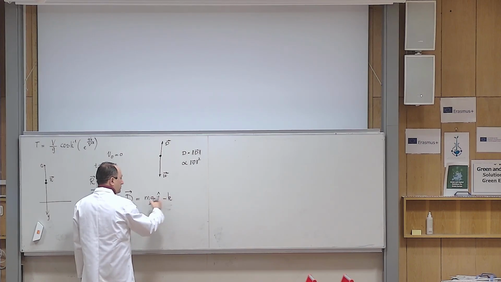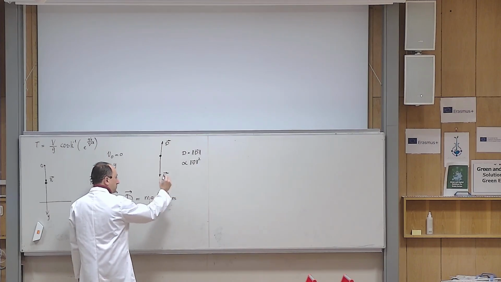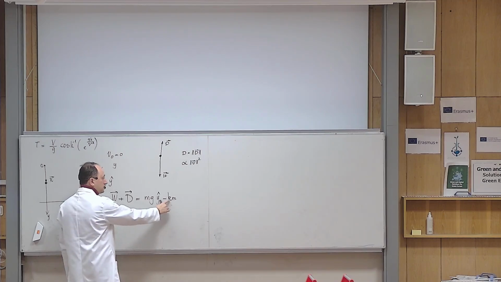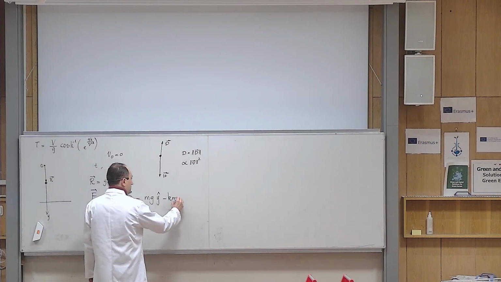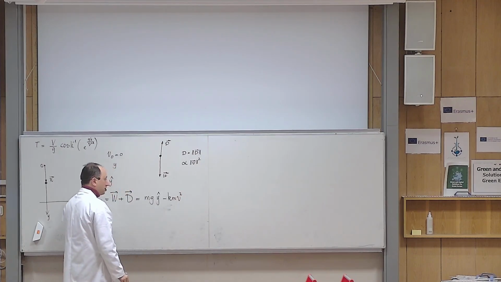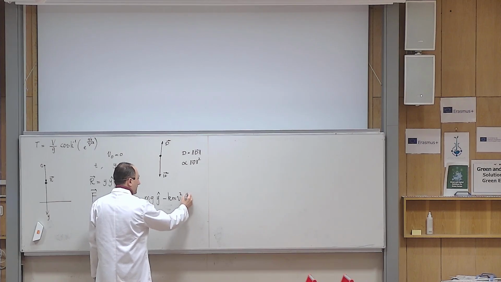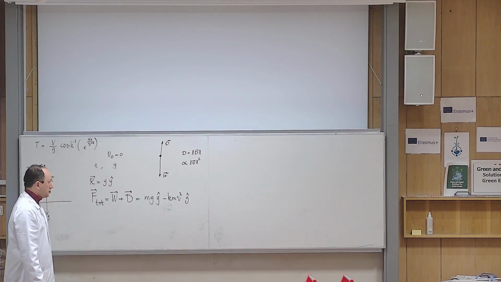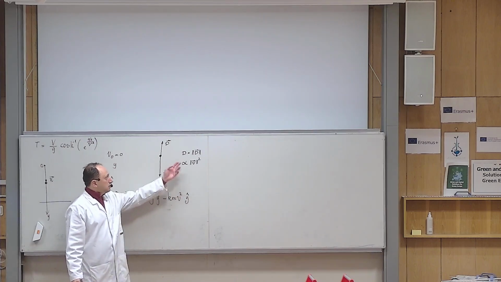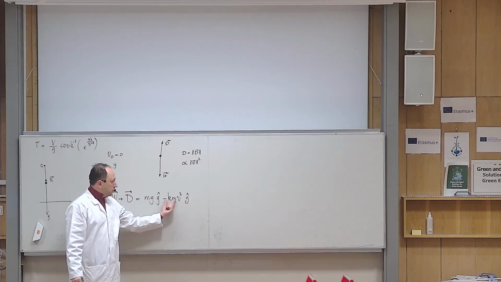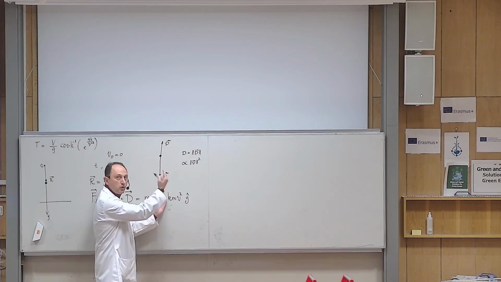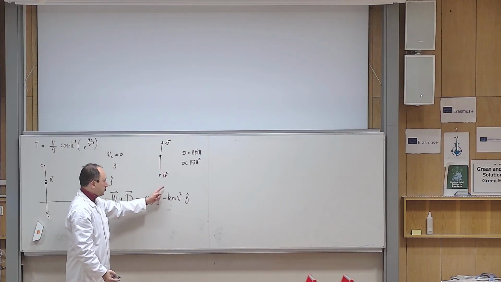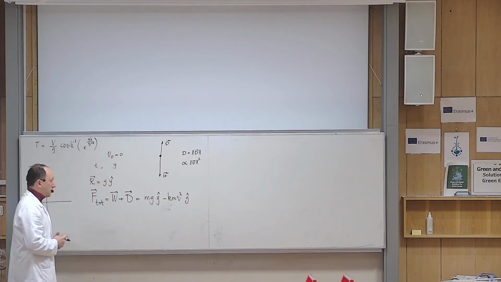But I want to get rid of m, so it doesn't hurt if I make the proportionality constant k times m rather than just k. And then I have the speed squared, and then y hat. So the magnitude of the drag force is proportional to speed squared, and it is pointing upward, so it should be in the direction of negative y hat.